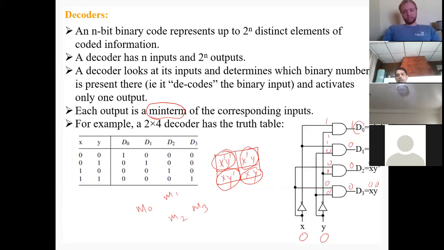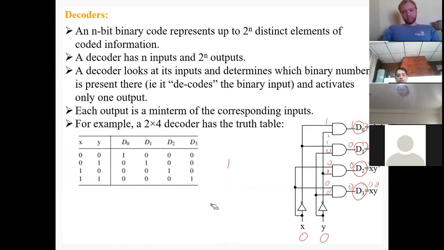M is replaced by D. This D0 is M0, and D1 is M1, D2 is M2, D3 is M3. That's what it is. Guys, question here, please. Makes sense. Okay, good.